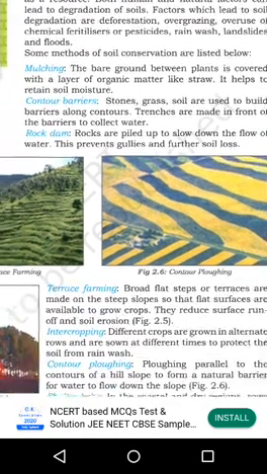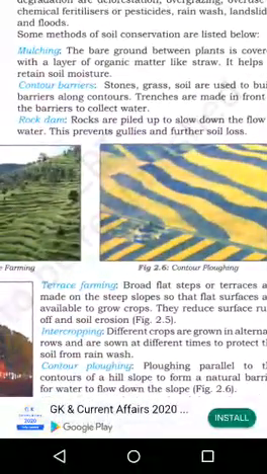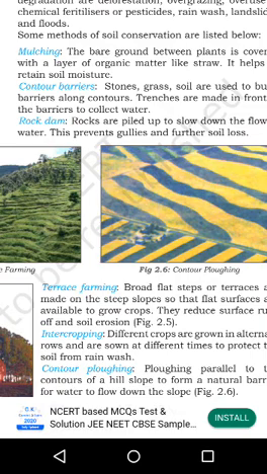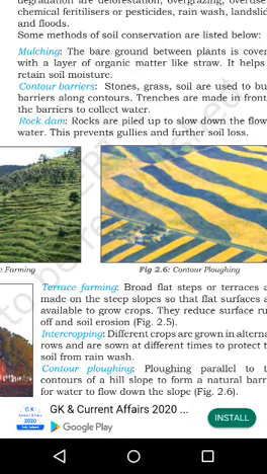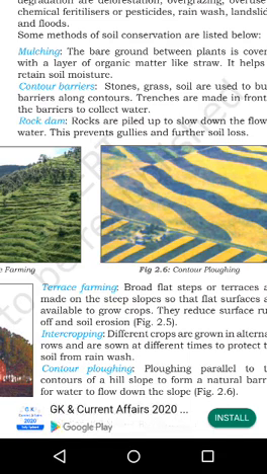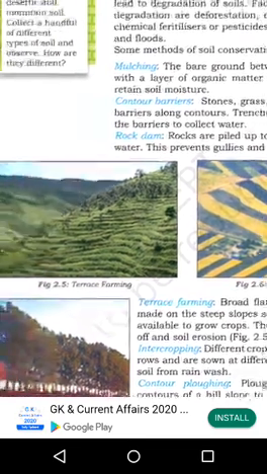After that, the next method is rock dam. Rocks are piled up to slow down the flow of water. This prevents gullies and further soil loss. After that is terrace farming.